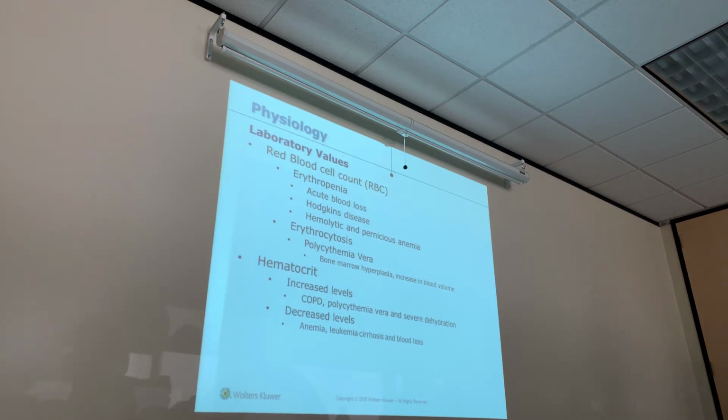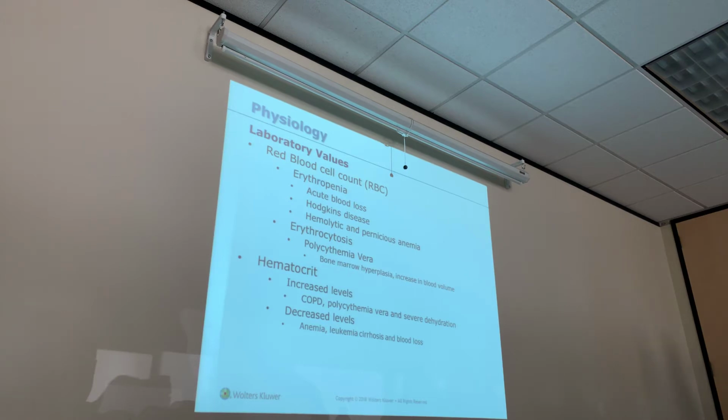So they also look at red blood cell count. Erythropenia means decrease, low level, and that could be because of blood loss, Hodgkin's disease, or hemolytic and pernicious anemia. Erythrocytosis means increase in red blood count.